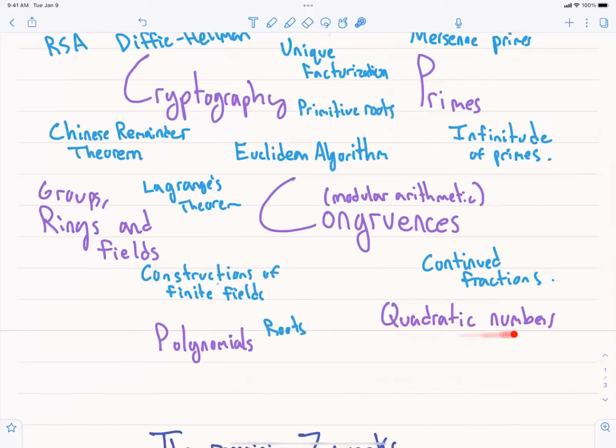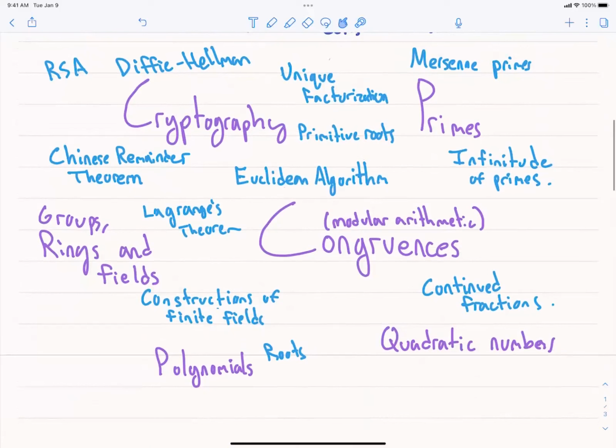It's related to quadratic numbers, since squares are related to quadratic numbers. It's also intimately related to finite fields and the things we did constructing finite fields using polynomials.